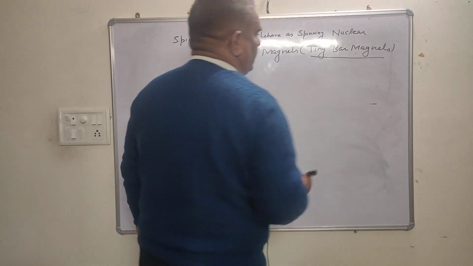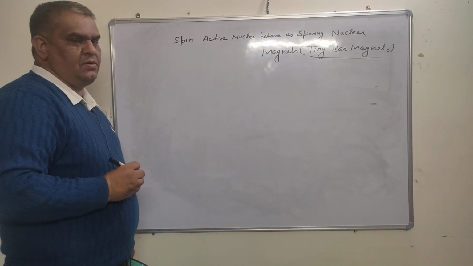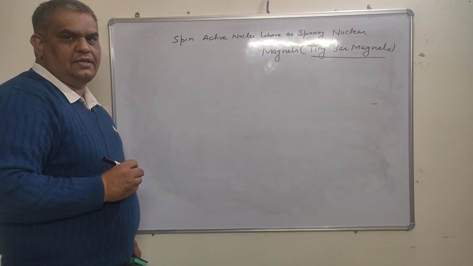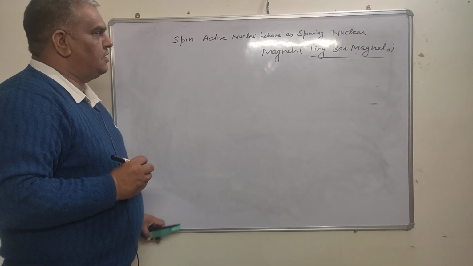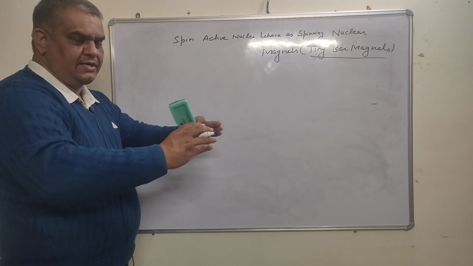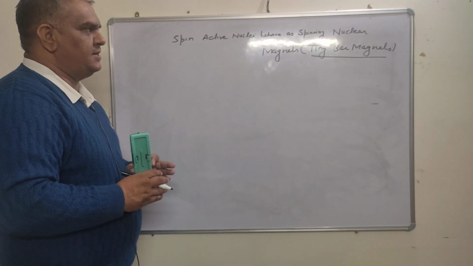Spin active nuclei such as the proton behave as if spinning about an axis, like gyroscopic motion or the earth spinning about an axis, and these spinning nuclei produce a magnetic field around them and behave as spinning nuclear magnets.